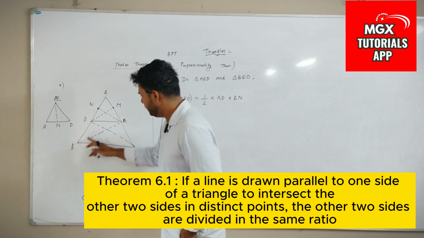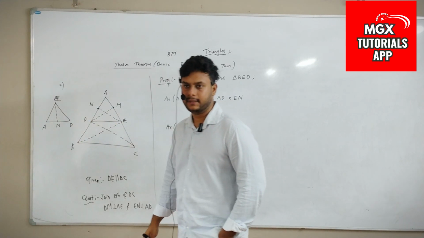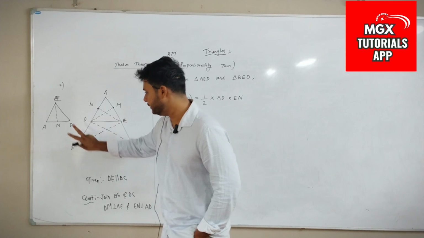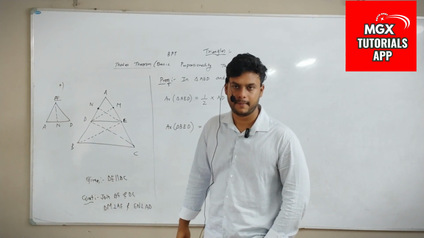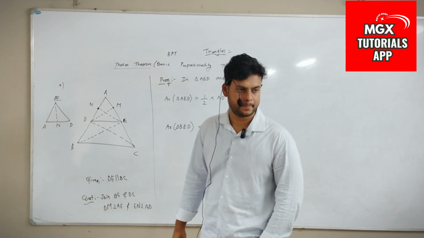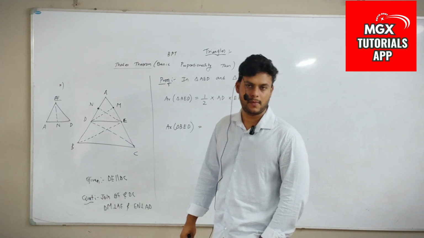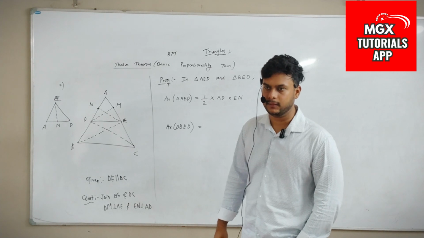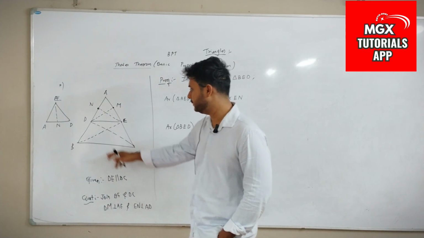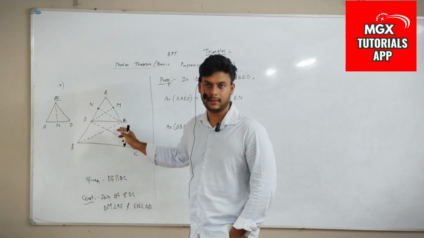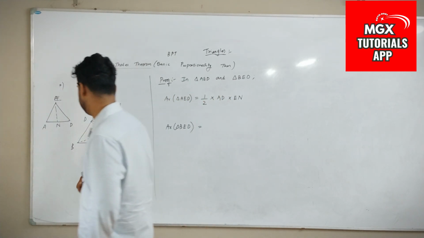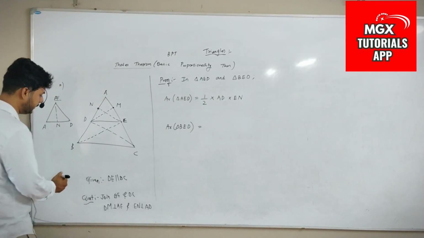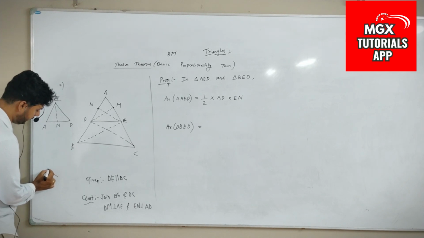He has said that BD is the base. What is the height? Some people think that DE is the height. But the triangle is like this.